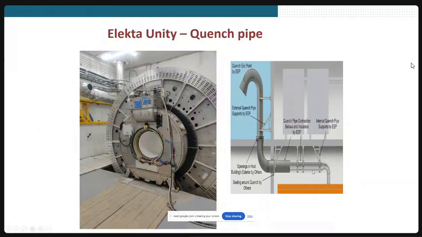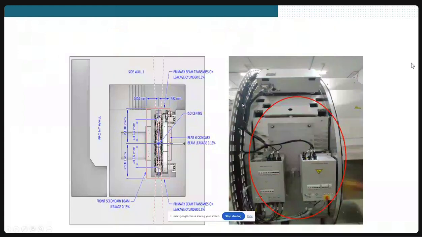So there is a quench pipe. You might have seen in a conventional MRI image, there is a big quench pipe. Similarly, we also have a quench pipe which is connected to the cold head of the MRI. So in case there is an emergency, this quench pipe can take the liquid helium outside to the atmosphere, just 7 meters above the ground level, so that it goes out. Helium being a light gas, it never stays down, it just goes up in the air, which we have seen in our small kids' helium balloons. With that, we can see that.